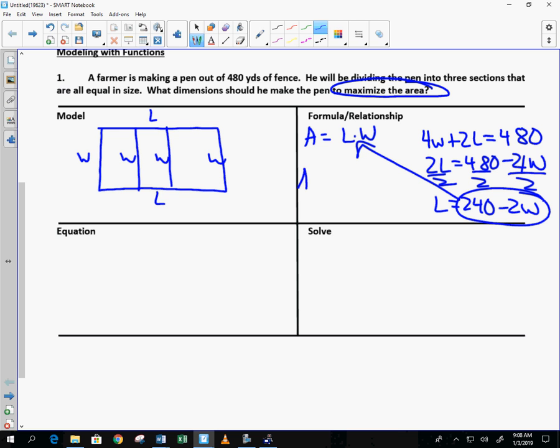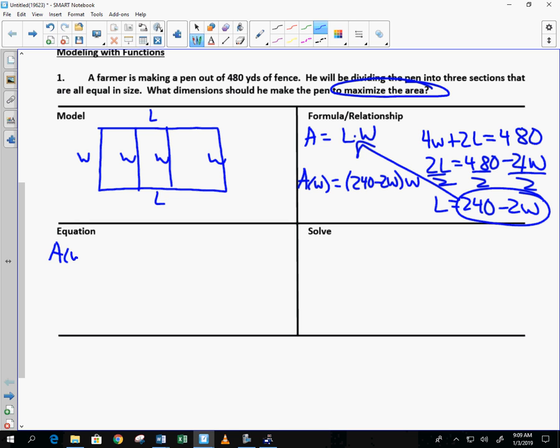I have the area in terms of what? The width. Area in terms of width is 240 minus 2W times W. So that's my equation.